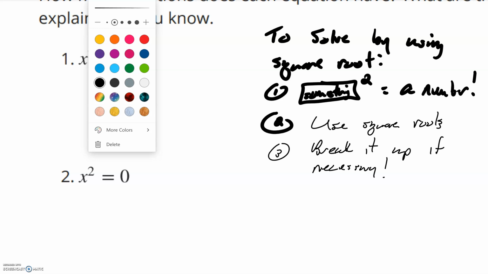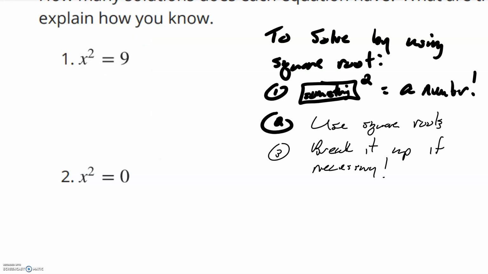So if we go back here to number one, we want to solve this equation. Notice I have something squared. I have this x squared by itself, and it's equal to just a number, just 9. And I'm going to solve this by taking square roots. Since I have something squared equal a number, I take the square root of both sides.